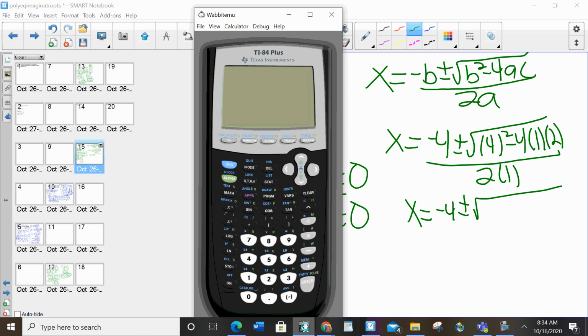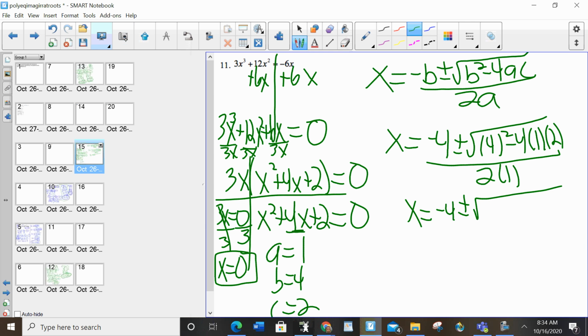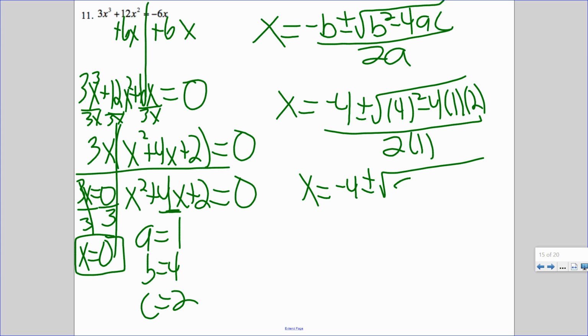Don't type the radical, just what's inside the radical. 4 squared minus 4 times 1 times 2. 8. Wrong button. Over 2.